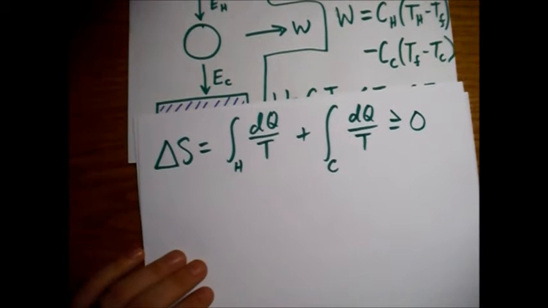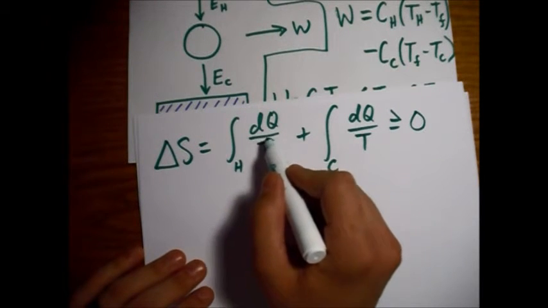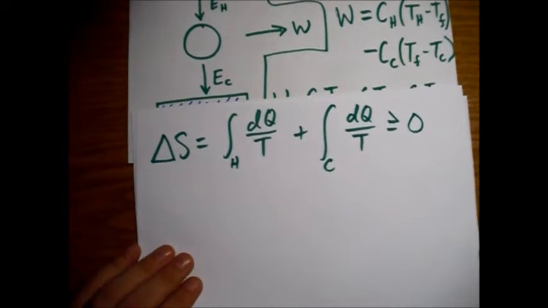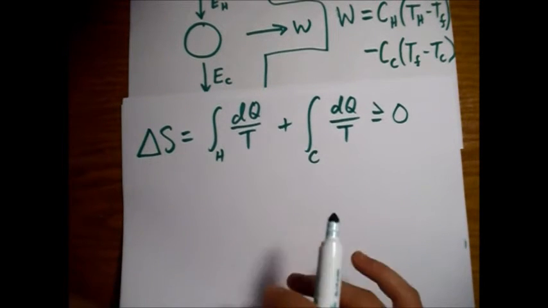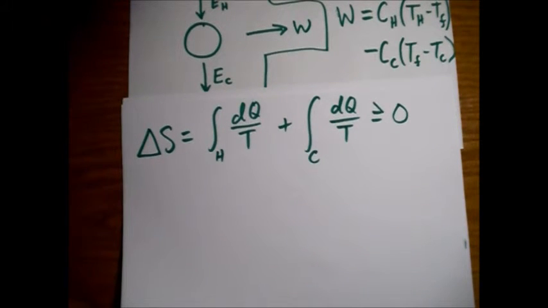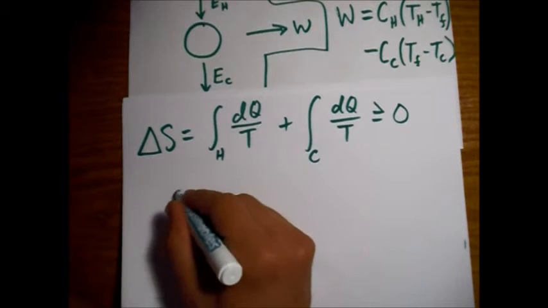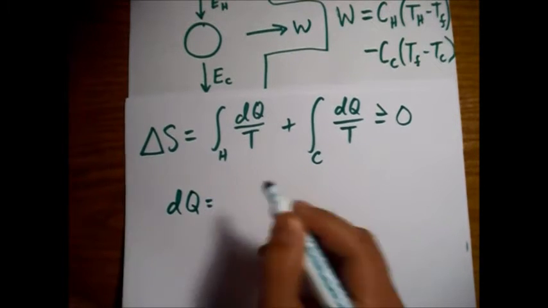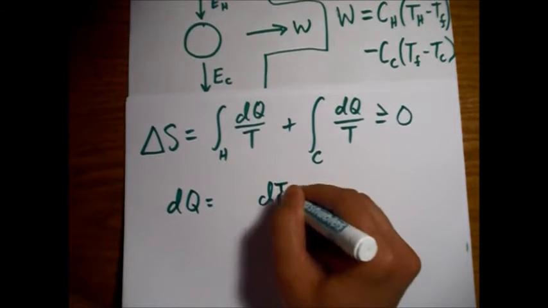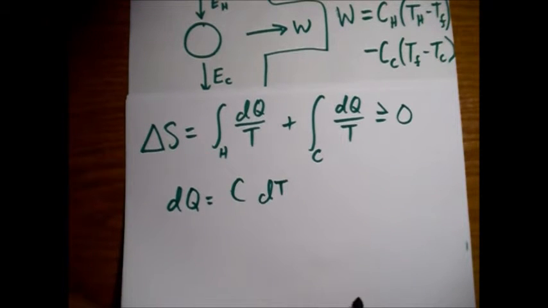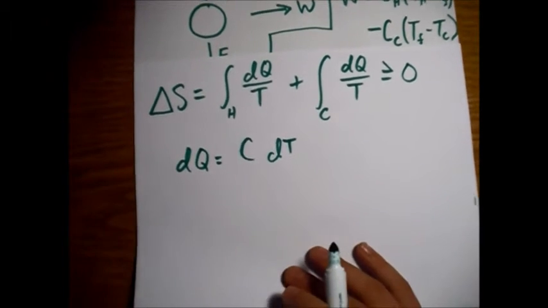So first of all, dq, that's in units of energy. If we have an infinitesimal change in the temperature, we just have to multiply it by C, whatever that is.